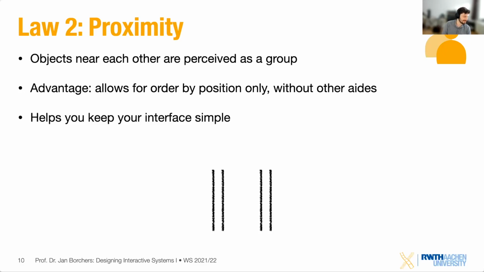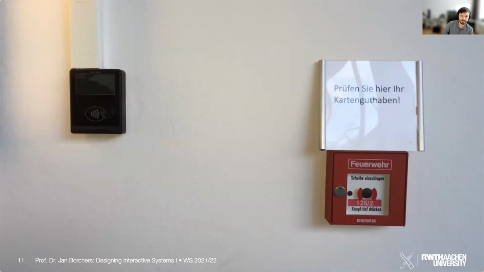And by the way, sometimes those things can also work out pretty badly, because if you look at this example here, this is something we found at Informatikzentrum, here in Aachen, in front of our Mensa.